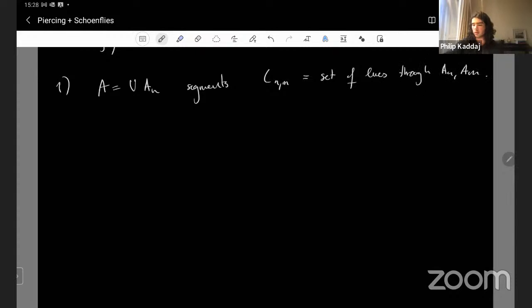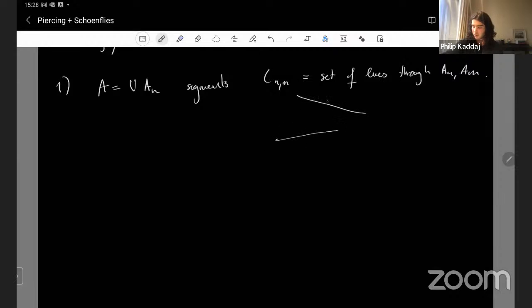If we write A as a union of segments, then we consider the set of lines that go through AN and AM.